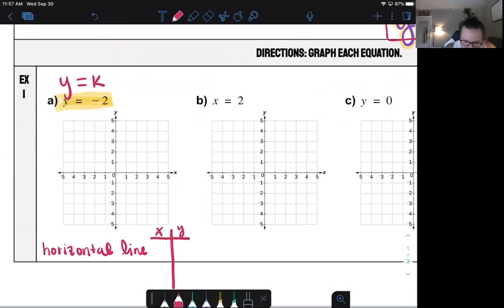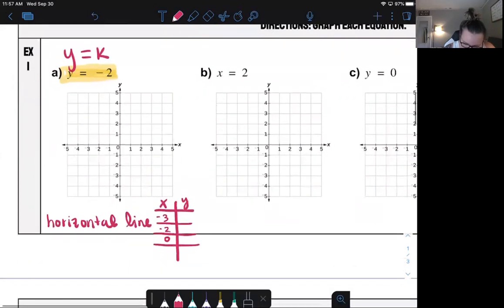Well, if I wanted to make a table of values for this, let's make a table. And for my x values, I want like -3, -2, 0, 2, and 3. Well, what is y equal to? Well, my equation says that y equals -2. That means that no matter what x is, y is -2. So if x is -3, y is still -2.